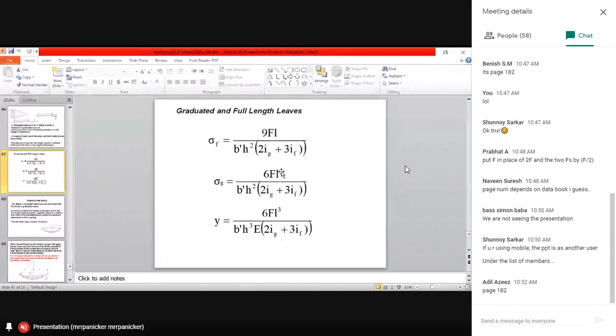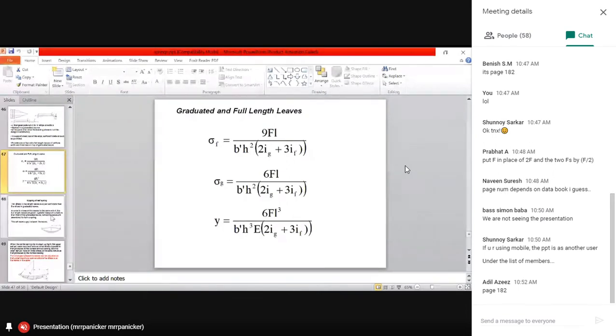You can have what is the width, what is the thickness, or how many graduated leaves, or how many full length leaves. Otherwise these values will be given. Then you can have the length of the spring, that calculation is also there.